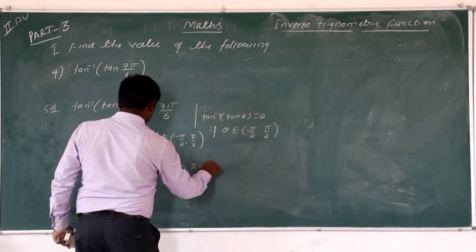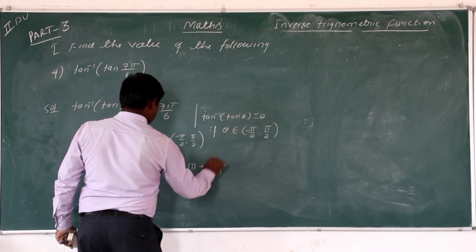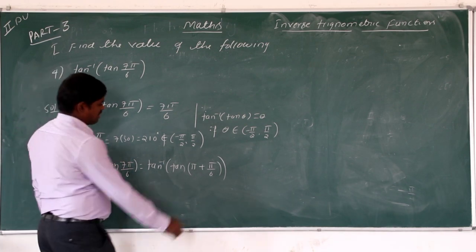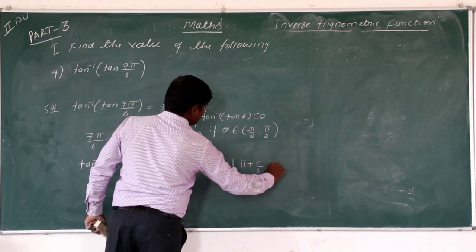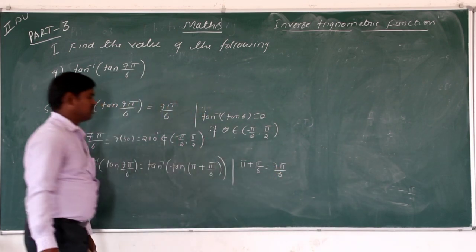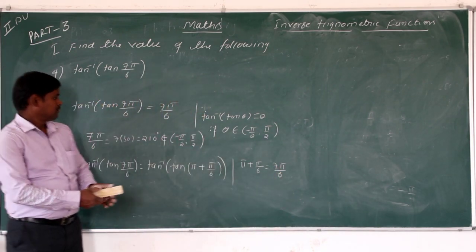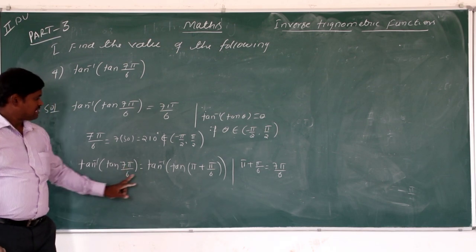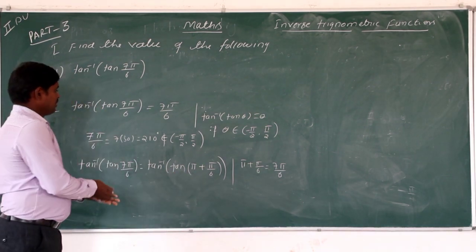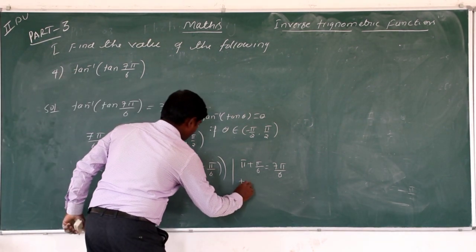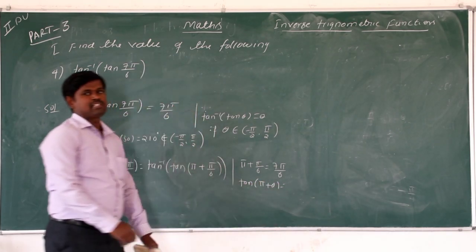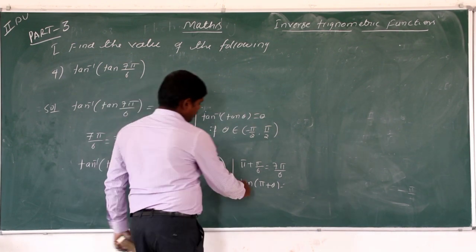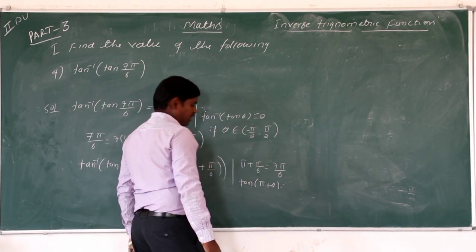Therefore tan inverse of tan 7 pi by 6 can be written as tan inverse of tan of pi plus pi by 6. Pi plus pi by 6 is nothing but 7 pi by 6. Okay, so tan of pi plus theta, it belongs to the third quadrant.